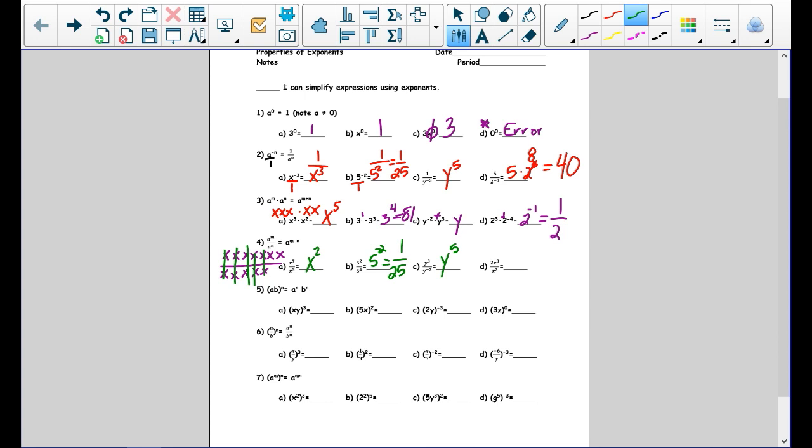And in D, if I just have a number, nothing underneath it, I can just rewrite it. So the 2 looks like 2 divided by 1. x to the 3rd over x squared. So 3 minus 2 gives me x to the 3 minus 2, 1. So x to the 1st, so just 2x is my answer then.